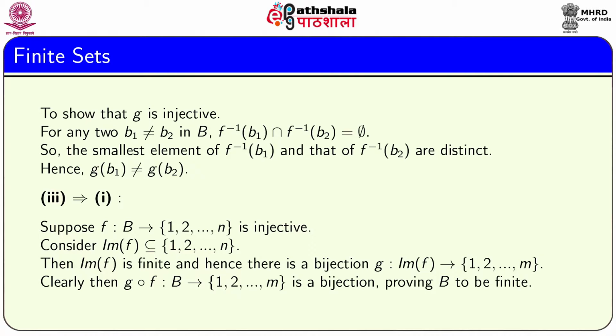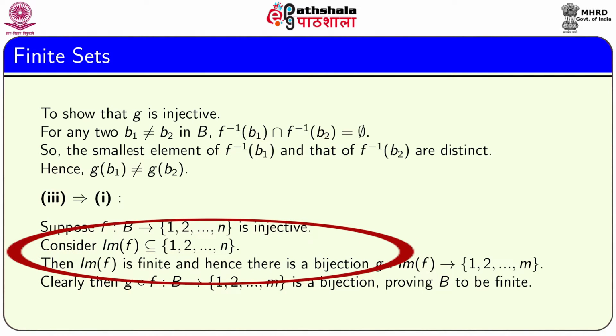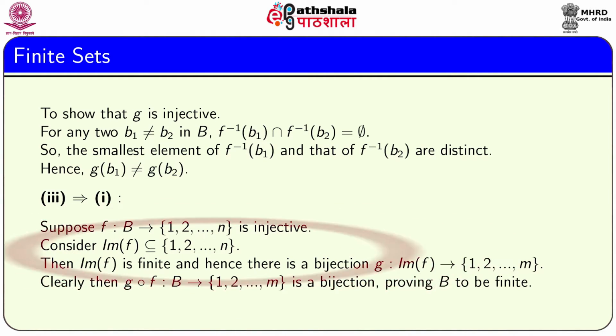Finally, for 3 to 1, we start with a function f from B to the set 1 to n, which is injective. Consider the image of the function f, which is inside 1 to n.